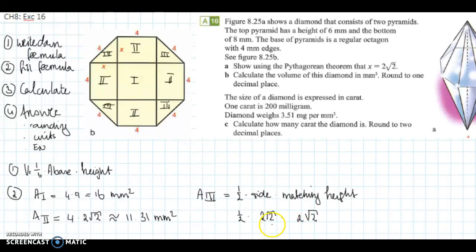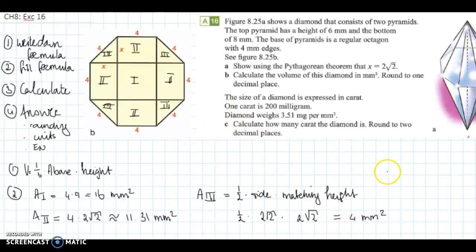If you calculate that, square root of 2 times square root of 2, of course that's 2. Then we have 2 times 2 times 2 times a half. So basically that will be 4 square millimeters. 2 times 2.